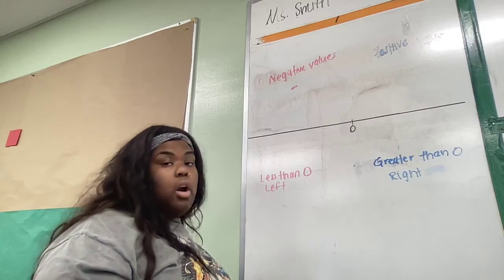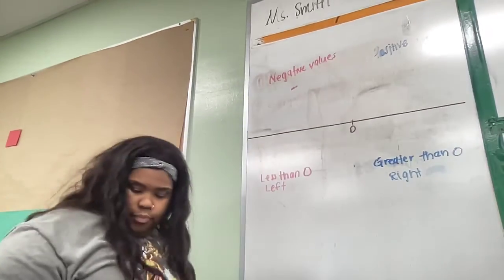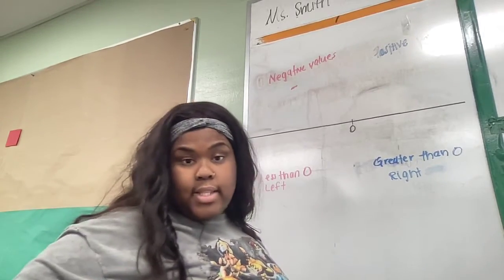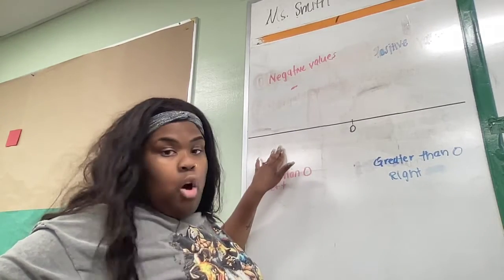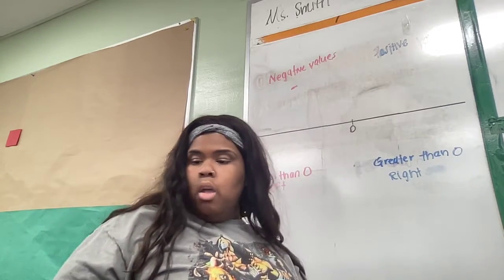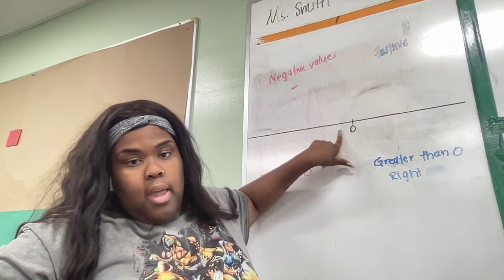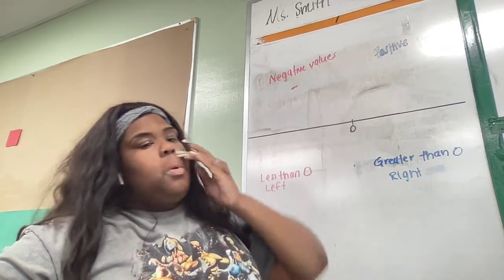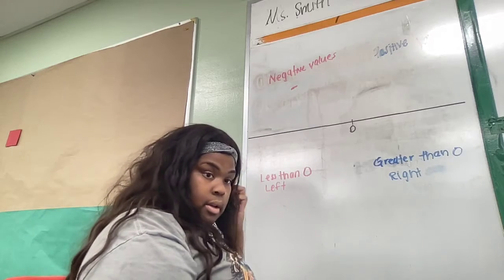So we're going to start with writing our negative numbers. We're going to write them from 1 all the way up. We're going to go up to about negative 6 on this side, and we're going to go to positive 6 on this side, okay? So we're always going to start at 1, okay? 1 is going to be closest to the 0 when we start to write our values.